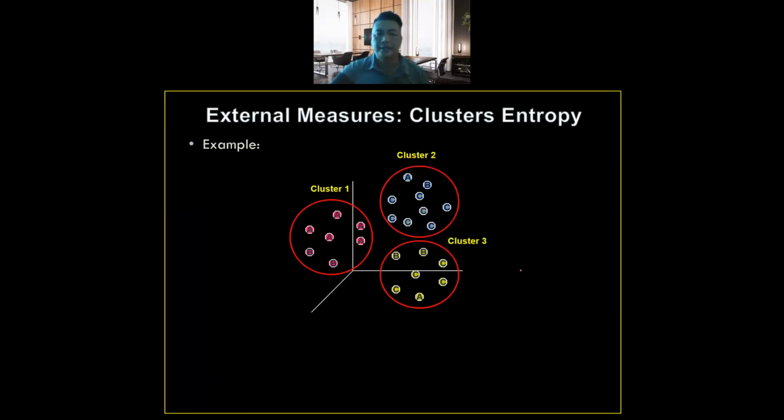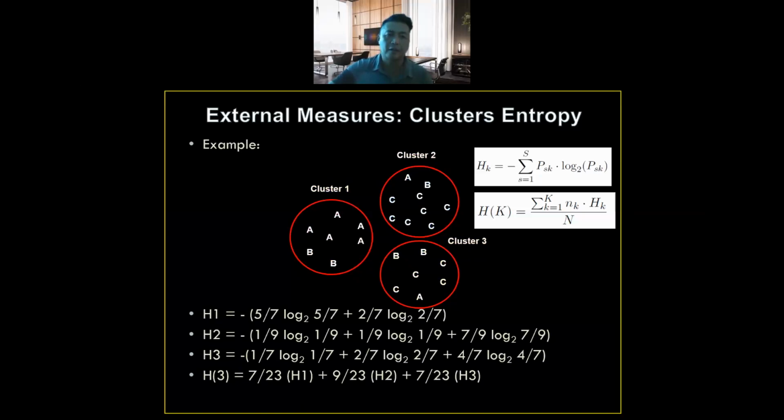Look at this example. For cluster one, we have A, and then B, B. We only have two B here. What we will perform here is to evaluate the cluster based on the content of the cluster, the membership of the cluster. Take a look at the first cluster.